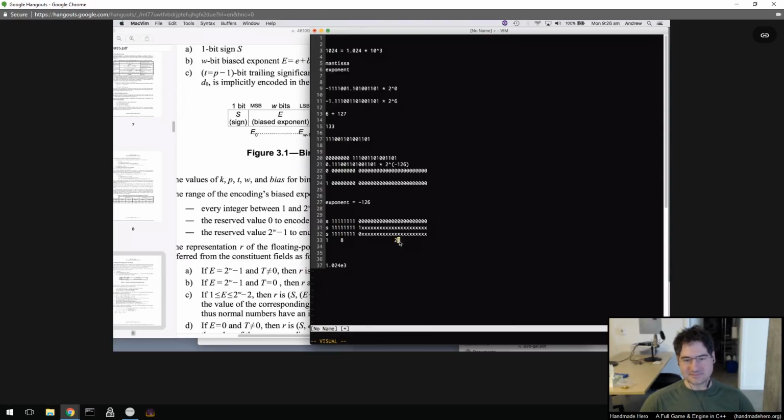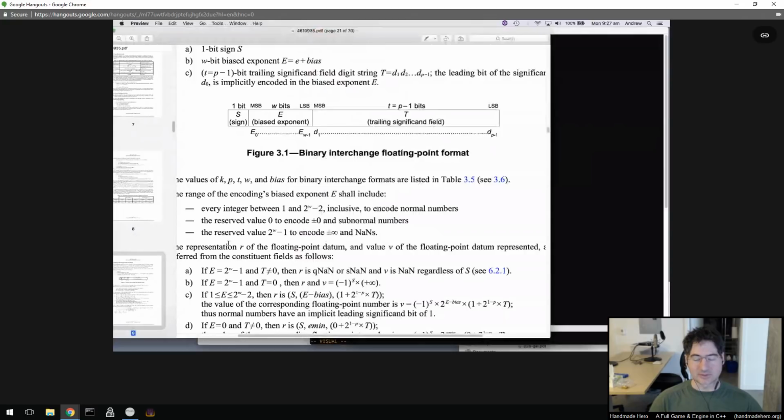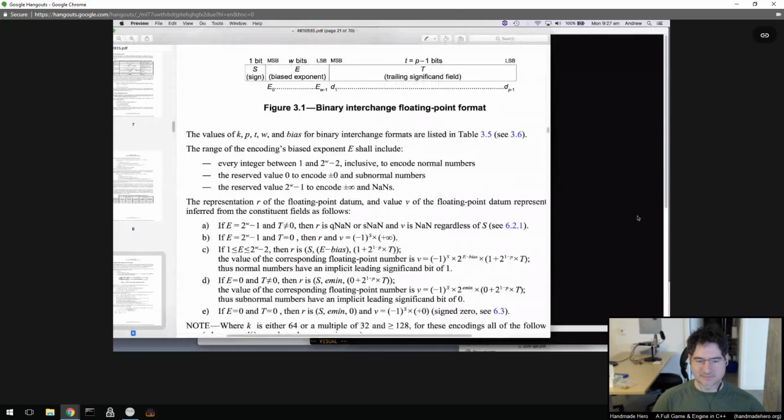Yes, you're kind of right. On the other hand, it's one of the reasons why we use binary. If you are encoding decimal, and the standard has a way to encode decimal, you have to store a number between 1 and 9.